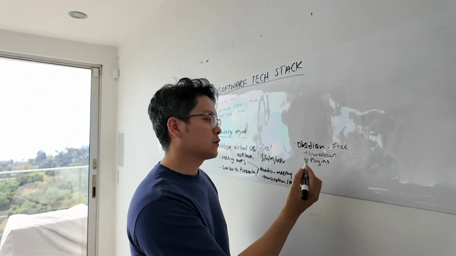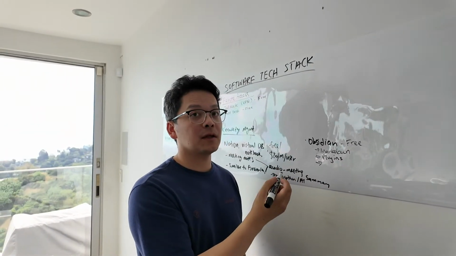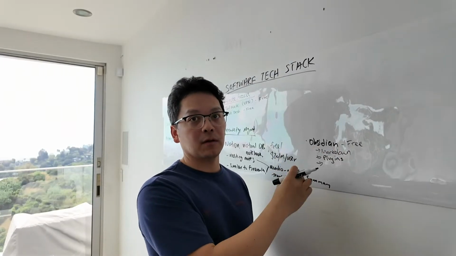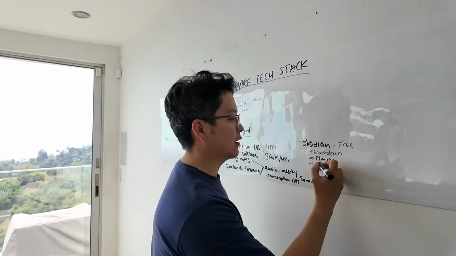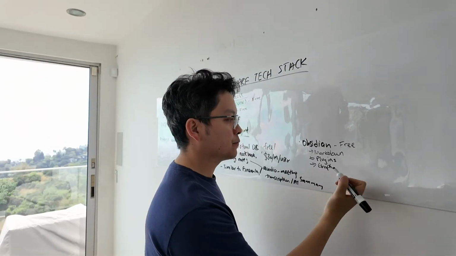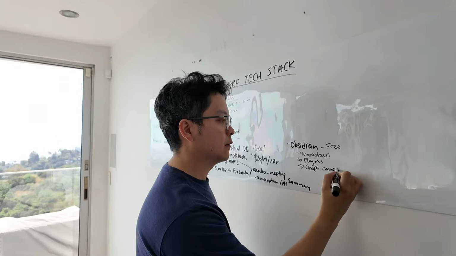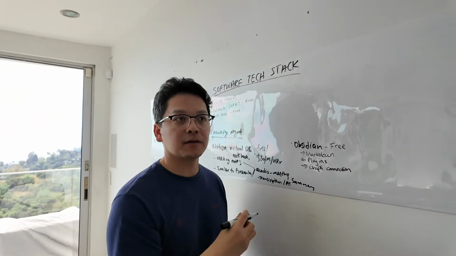What's also cool is that you can use tags in Obsidian to connect different notes together, and the graph ultimately. The graph is one really cool visual feature, and it's cool just to look at.